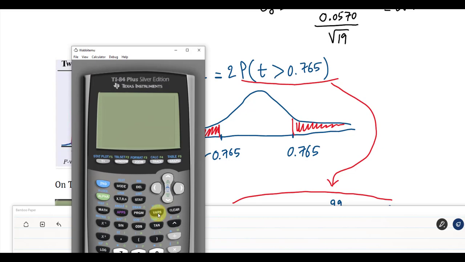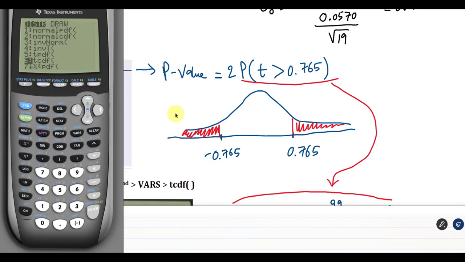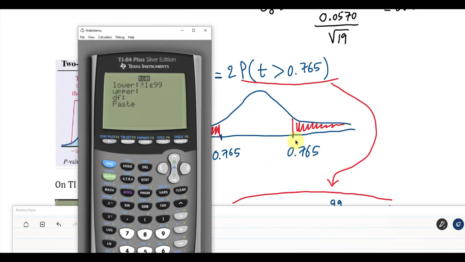Second, vars to get to the distribution. And then tcdf is option number 6. So the lower bound is the test statistic, which is going to be 0.765.